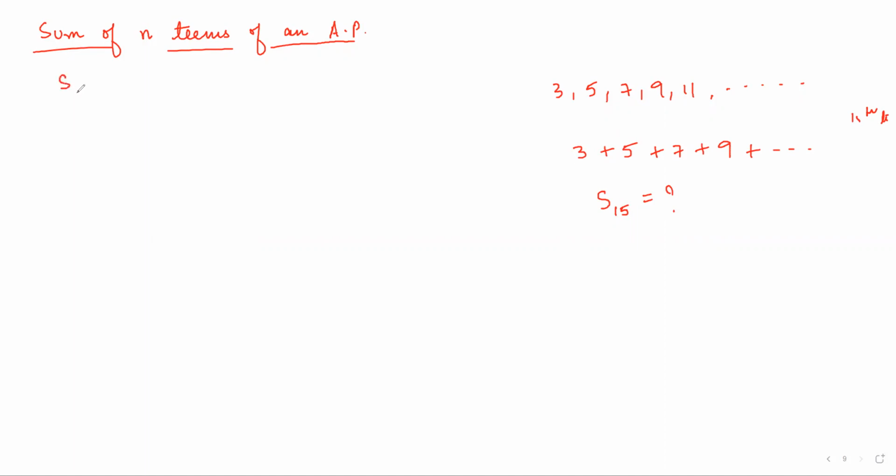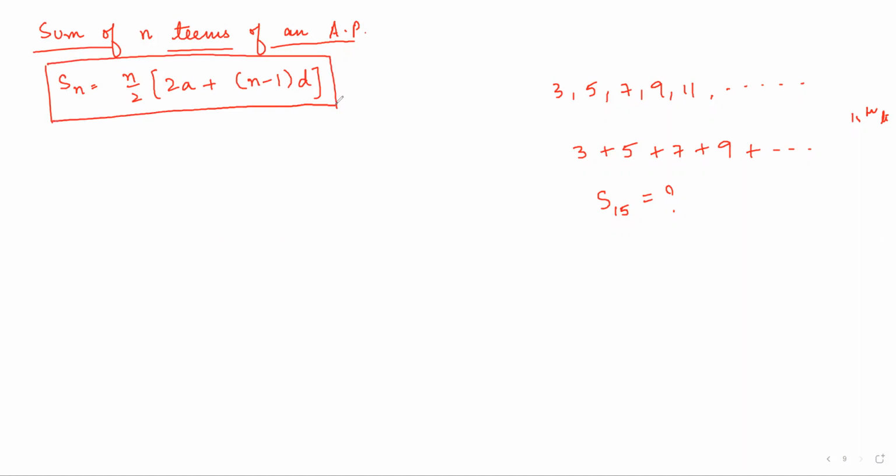The sum of n terms is n by 2 times 2a plus n minus 1 into d. So this is the formula for finding the sum of n terms of an AP. So first 10 terms, first 100 terms, that way you can find, right? Yes, ma'am. Okay.